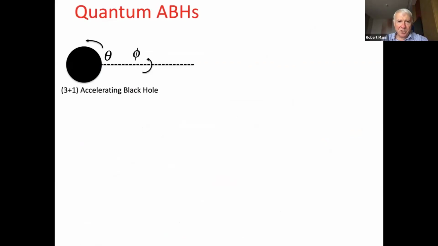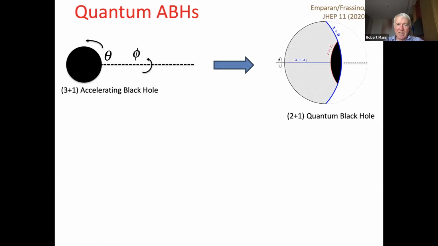So that's the short story of the black hole, and what I want to do is talk about the holography of quantum accelerating black holes. So here's the 3+1 dimensional accelerating black hole. And the basic idea is you take this thing and you slice this black hole with a brane.